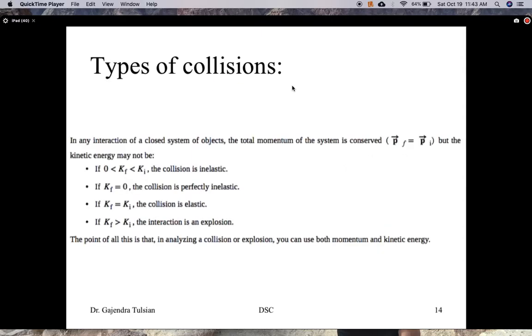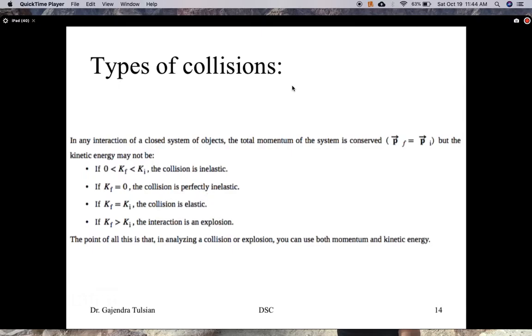Now we'll look at collisions. In all collisions momentum is conserved, but we'll classify collisions based on whether kinetic energy is conserved or not. If the final kinetic energy is less than the initial kinetic energy, it's called an inelastic collision. If the final kinetic energy is zero, this is called a perfectly inelastic collision. Now this terminology is used variably.